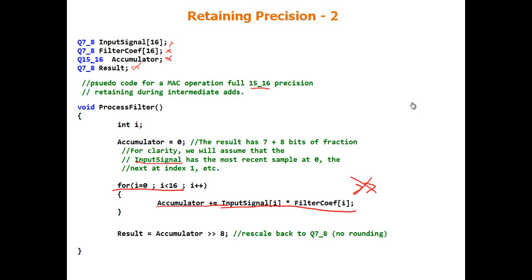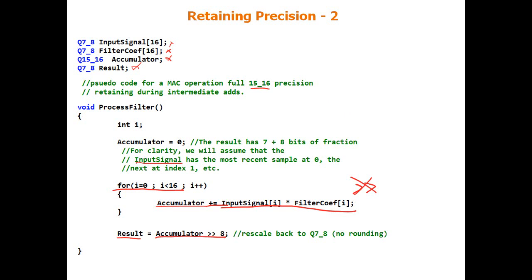Let's leave all that precision to get a more precise result. So I skip the rescaling in the intermediate stage to keep a higher precision result. Then my final result for this cycle, for just this sample, is I'm going to scale back to Q7.8.